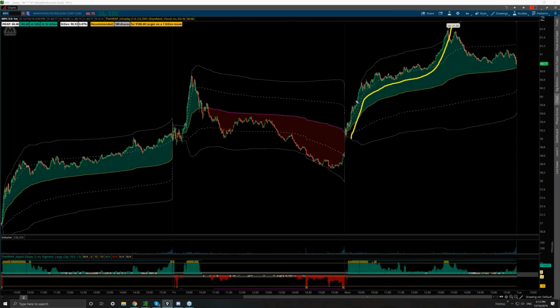Notice how it really does try and stay in the fast lane a majority of the day until it makes a weaker, lower high, retreats back to the deviation band, and instead of rallying at all off the deviation band to try and stay in the fast lane or continue higher, nope, not at all.